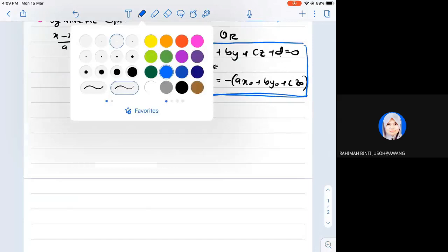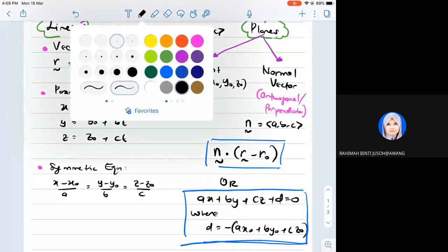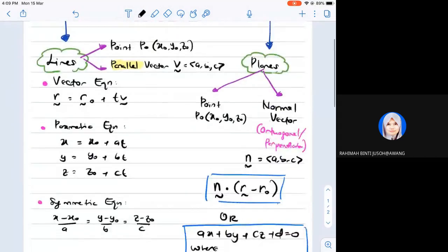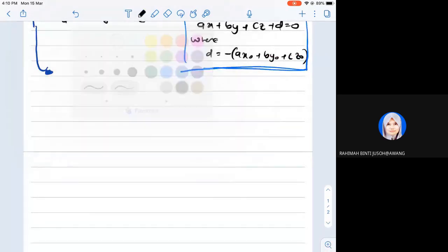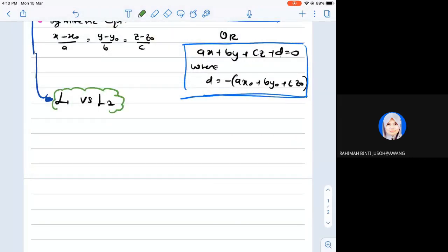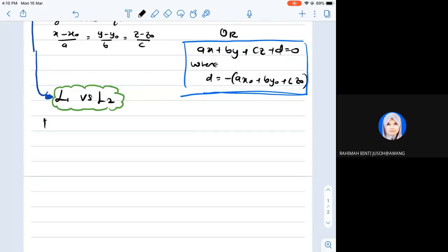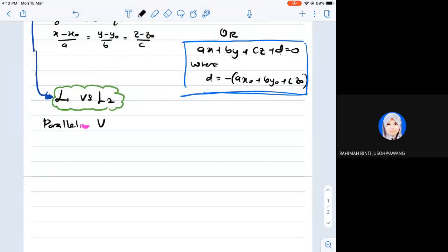Okay, if you are given two lines, let's say L1 versus L2, and you want to test whether the first line and the second line are parallel, you need to show that V1 equals kV2.